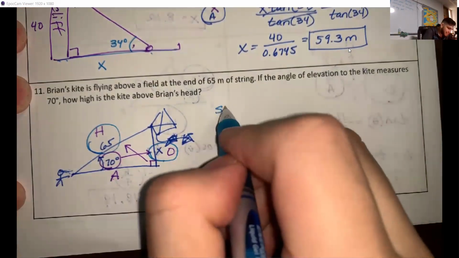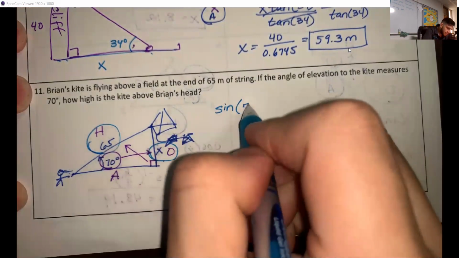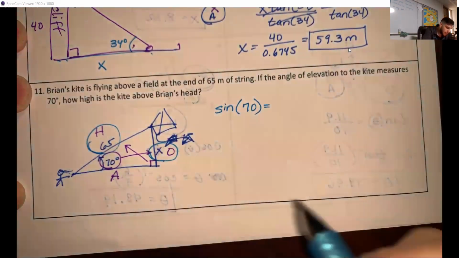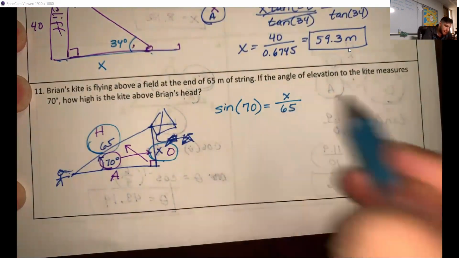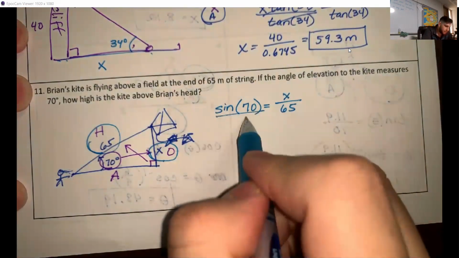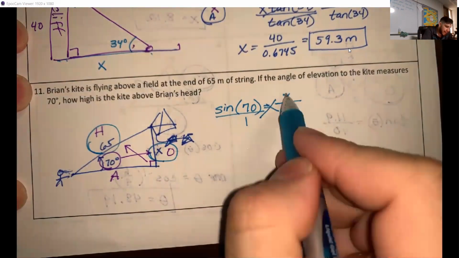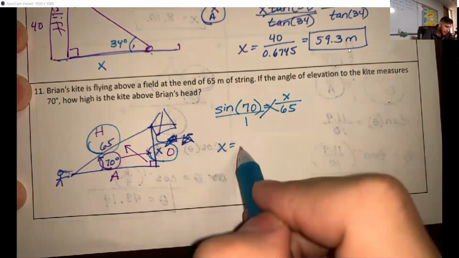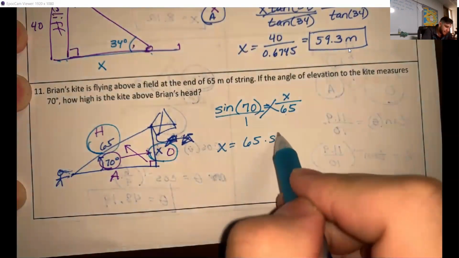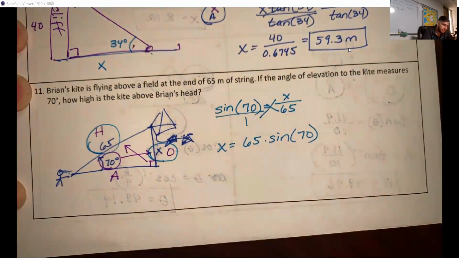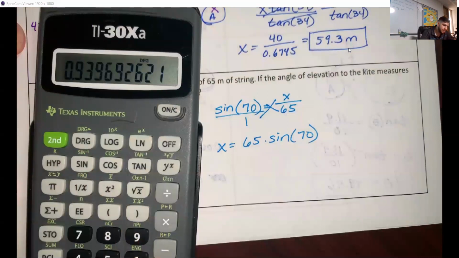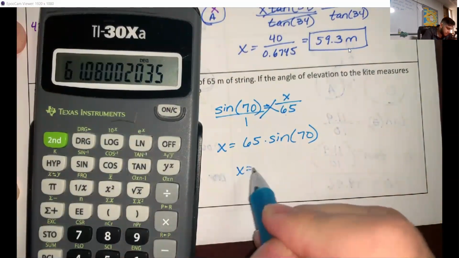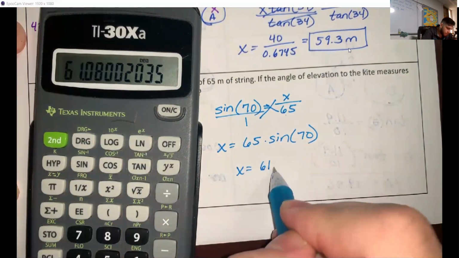So I know I'm going to use the sine of our angle, 70 degrees, and that's equal to opposite over hypotenuse, x over 65. Put this over 1. x times 1 is x. 65 times the sine of 70. Let's do that real quickly. 70 sine times 65 gives us x is equal to 61.08.